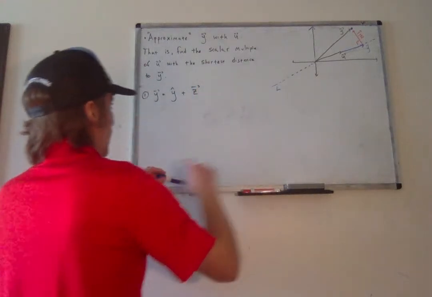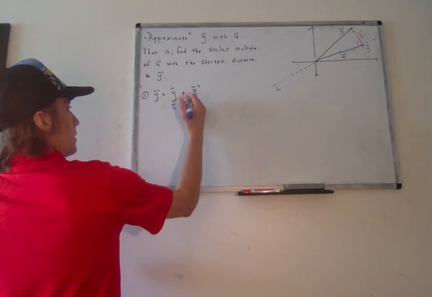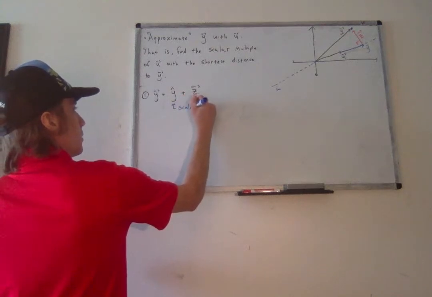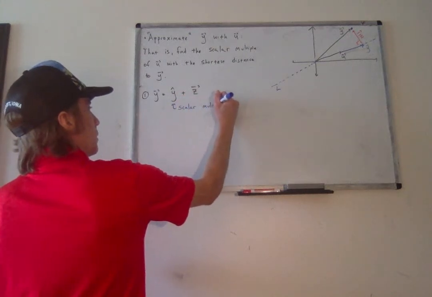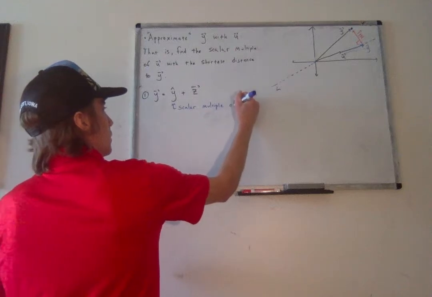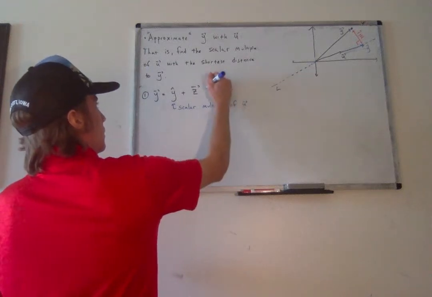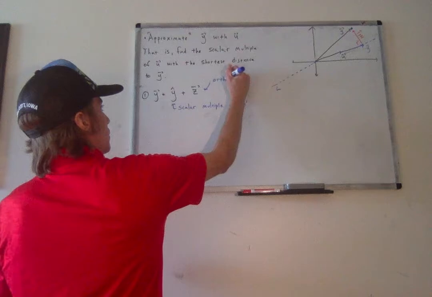Here, notice y hat is a scalar multiple of u. z is orthogonal to u.